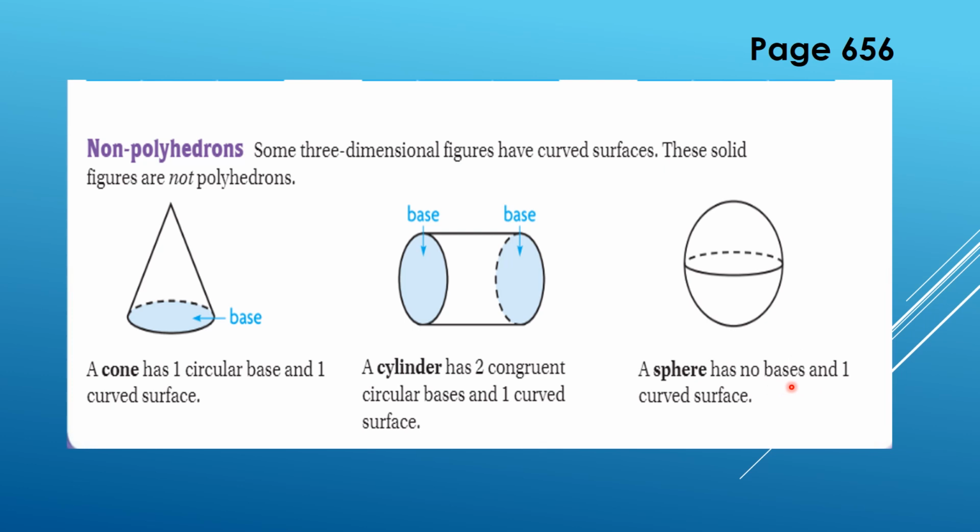It has no base and one curved surface. And this is a cylinder. How many bases? Two congruent bases, and they are circular, by the way. But it's a non-polyhedron because it has a curve, right? Same thing for the cone.